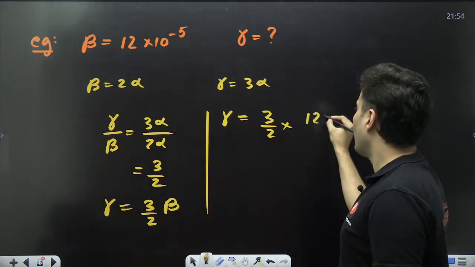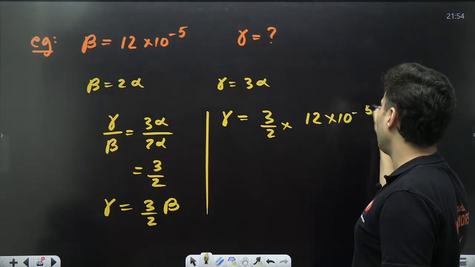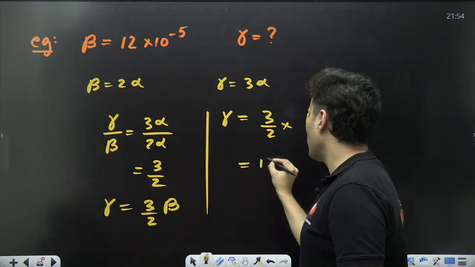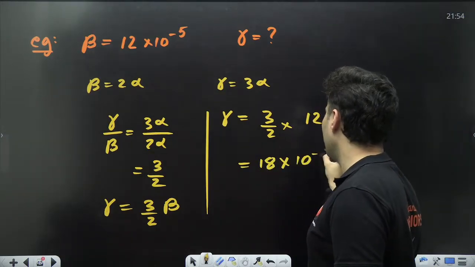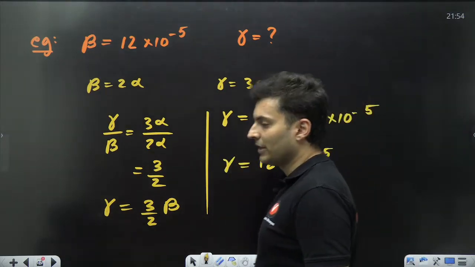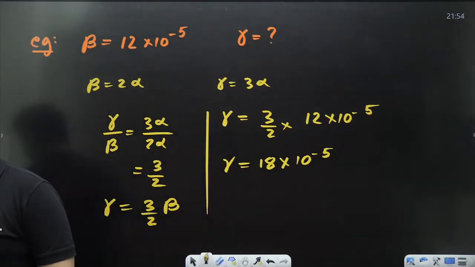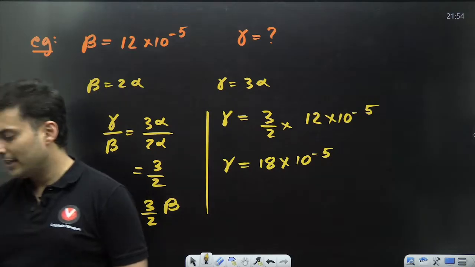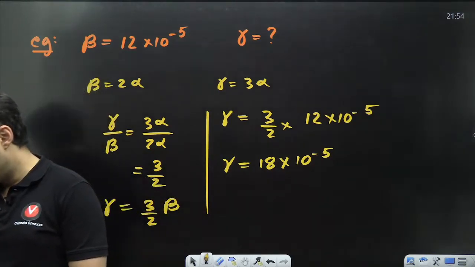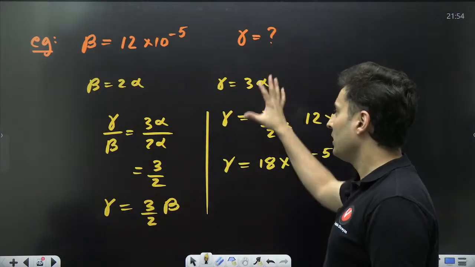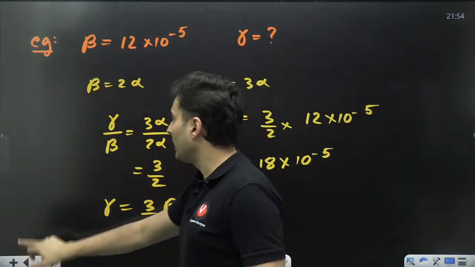What is beta? 12 into 10 to the power minus 5. 12 divided by 2, 6. 6 3s are 18. So 18 into 10 to the power minus 5. That's the value of gamma. Is that right? Everyone? Understood how to find it? Very good, Alekhya. Awesome. So you can go from any point to any point using these simple formulas which I have given over here.